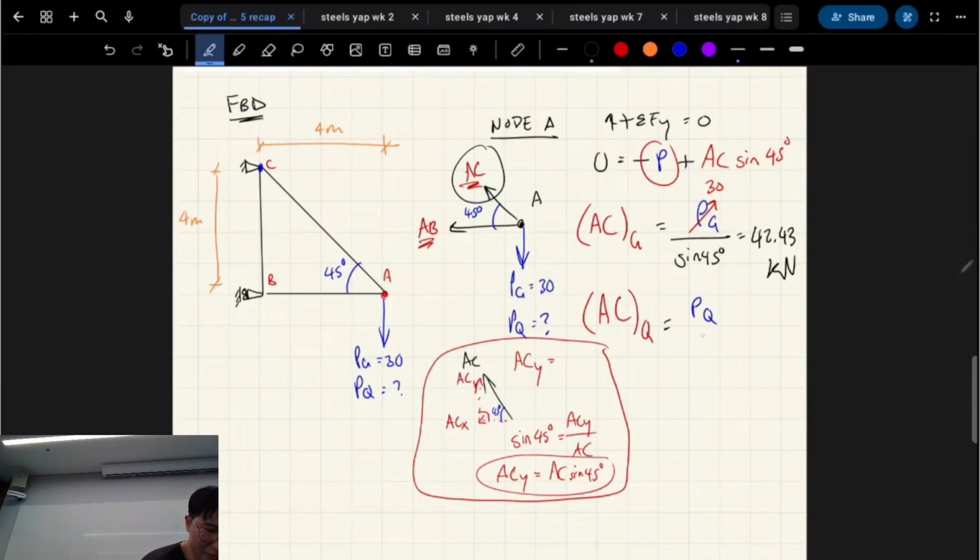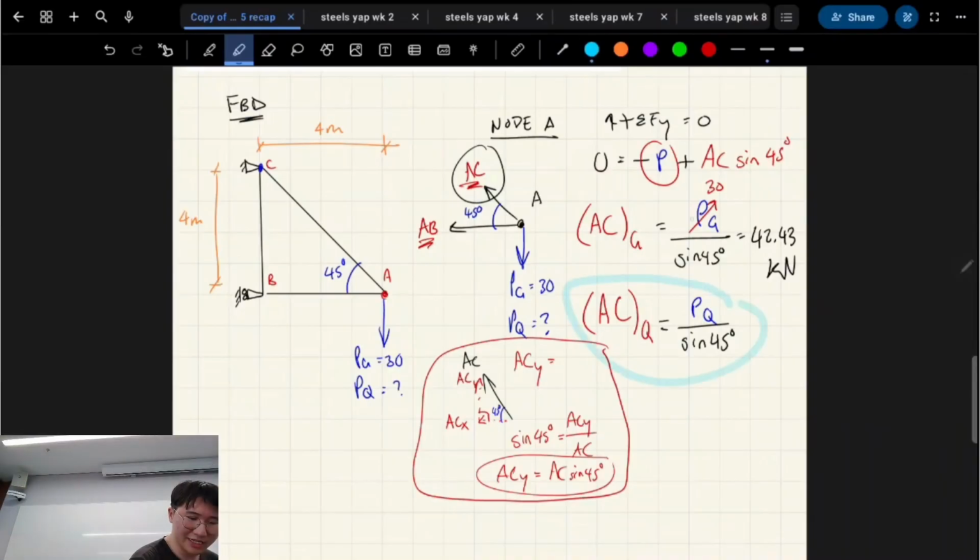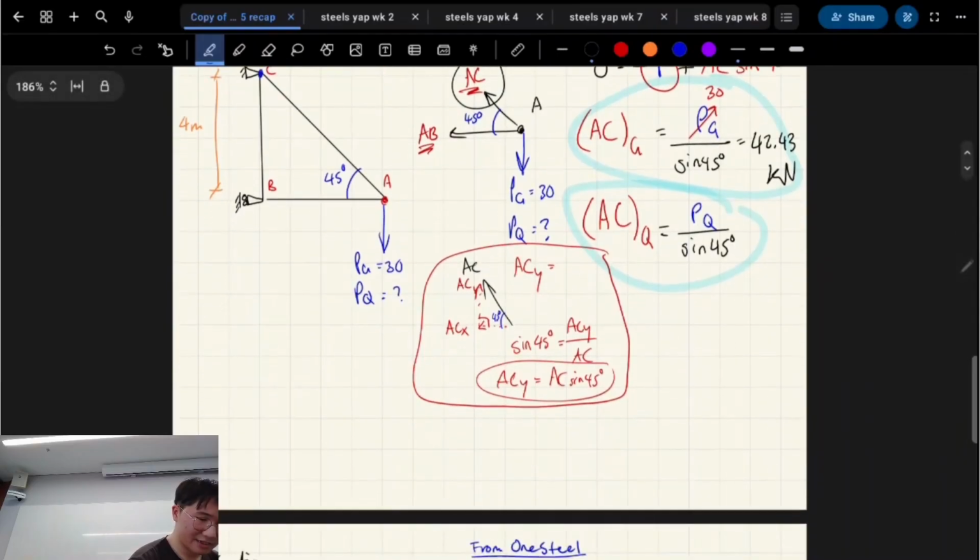We have PQ like we had for PG, except PQ can't be resolved yet. It is still an algebraic expression. And that's all we can do with that right now. So that's what we have for the tension, the dead load component and the live load component in that member, right? Let's put a pin on that.